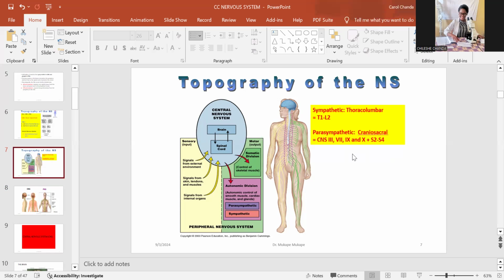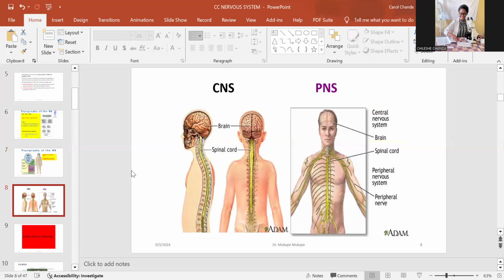Others will carry parasympathetic nervous stimulation, and then we'll have others that carry sympathetic nervous stimulation. The ones that carry sympathetic nervous stimulation are the thoracic nerves, okay? Thoracic nerves. So now the thoracic nerves plus the first two lumbar nerves, okay?